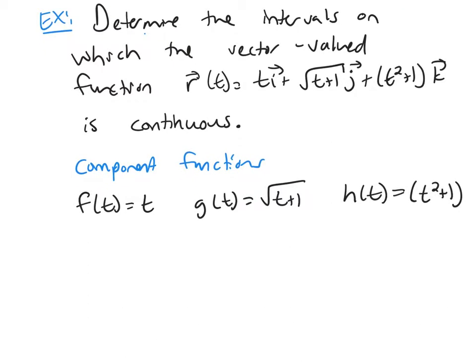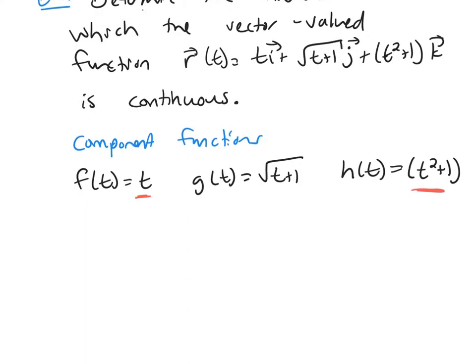Now if I look here, I notice that f and h are polynomials. Polynomials are continuous everywhere, and so I know that f and h are continuous on the interval negative infinity to infinity. So now the only thing I have to look at is g.